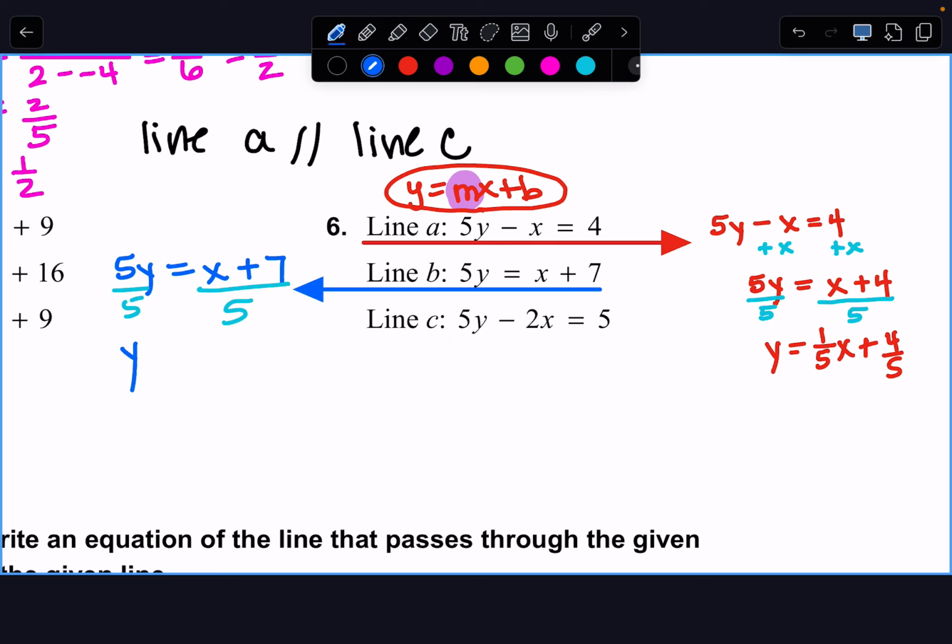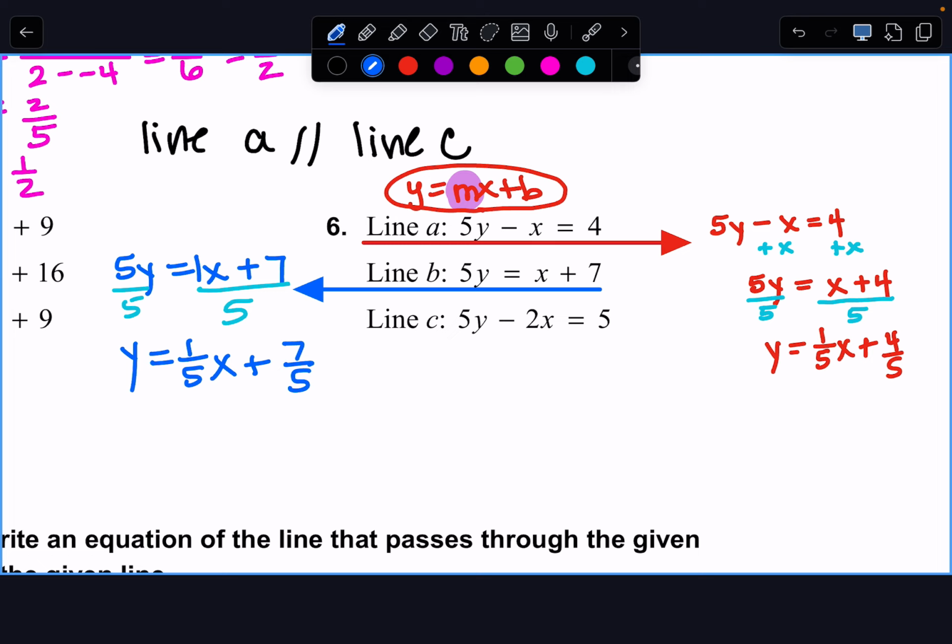To get y equals, again, x divided by 5. I don't think writing x divided by 5 is going to help us as much as saying, okay, hey, there's a coefficient of 1 with the x. Let's write 1/5 x plus 7/5. I like that.